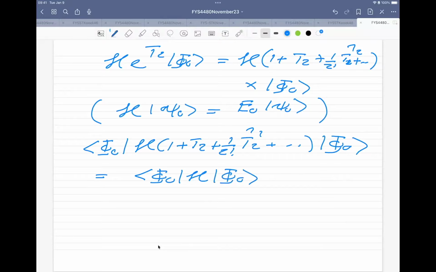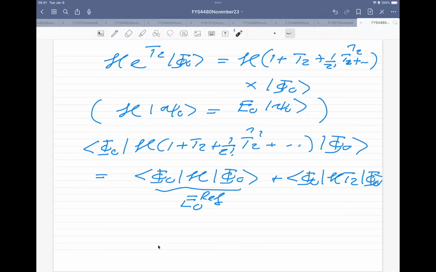This is a term which we have already seen, and that was nothing but the reference energy. And then we had the next term, which was phi 0 with h acting on T2, which then acts on phi 0. And that was the only term which survived, because when we had a T2 squared term here, we would end up with a two-particle, two-hole state as a final state. And that cannot match this phi 0.